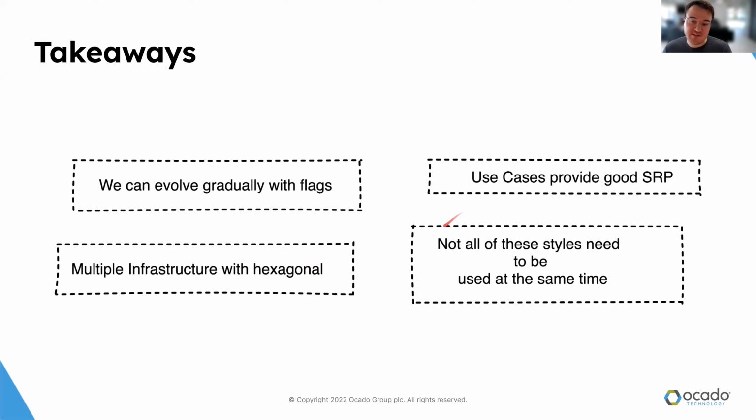And last but not least, not everything I mentioned needs to be migrated at the same time. These styles don't need to be applied together. They are parallel styles, right? We can use hexagonal with different inner core applications, and we are heading for a modular monolith, but we could head for microservices right away also.